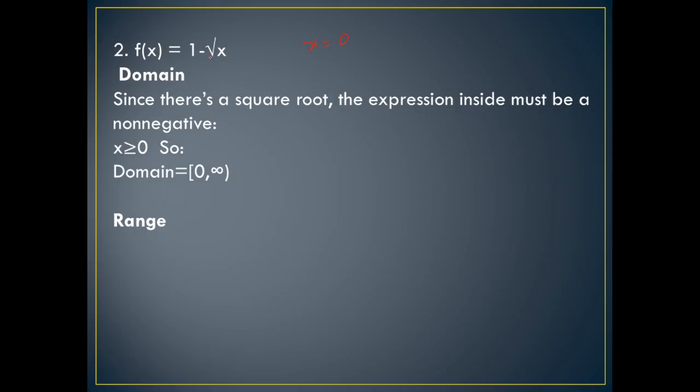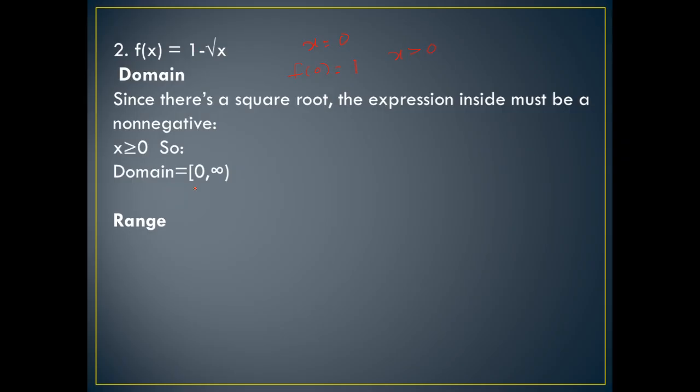When x equal to 0, f of 0 is 1. And when x is greater than 0, the square root is some positive value, so 1 minus some value is less than 1.